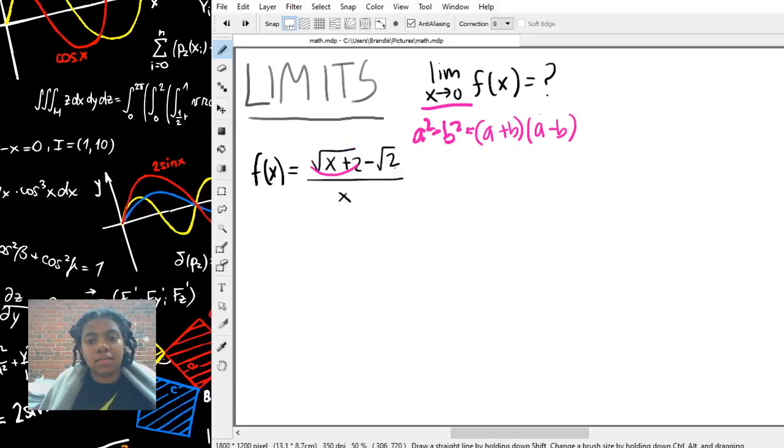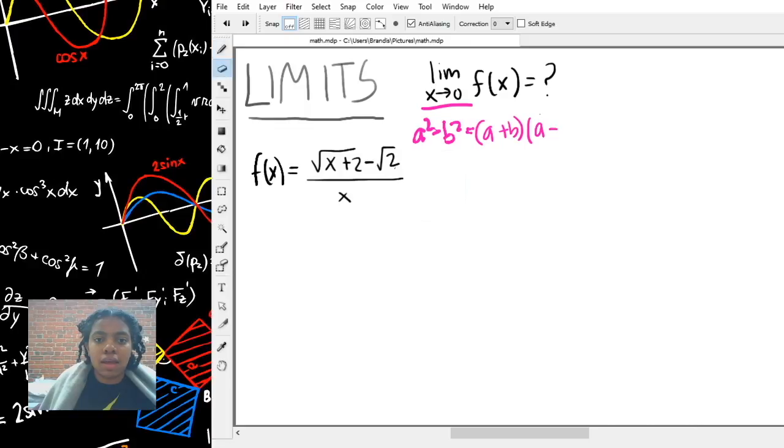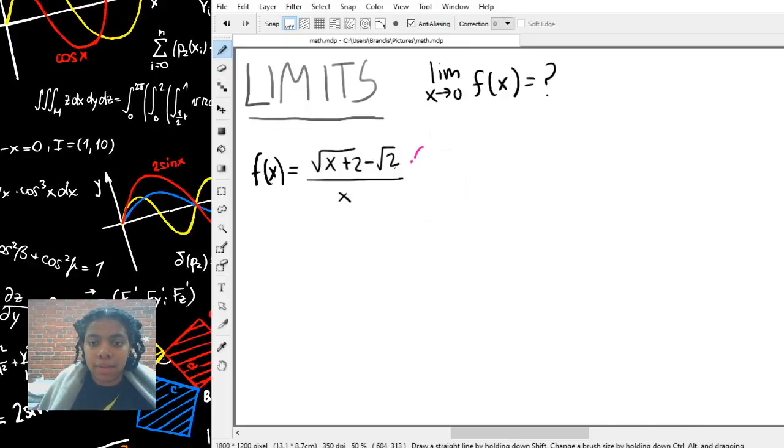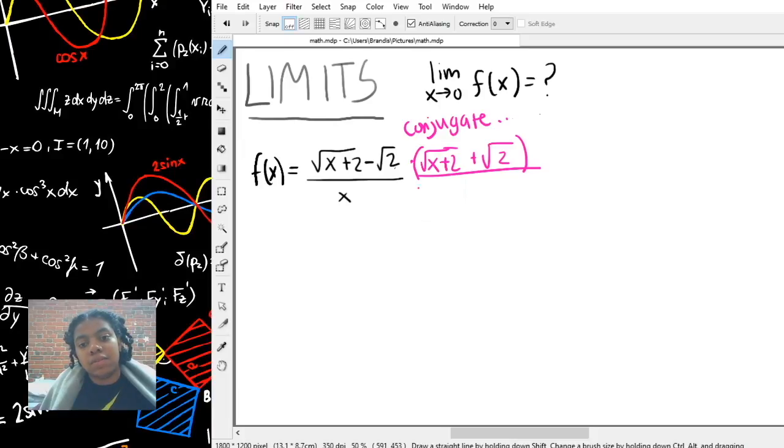So let's do that. We're going to multiply it by a plus b, and this is called the conjugate, in case you wanted to look that up. And then we have to do it to the denominator too, so that we keep the ratio of the expression stable.